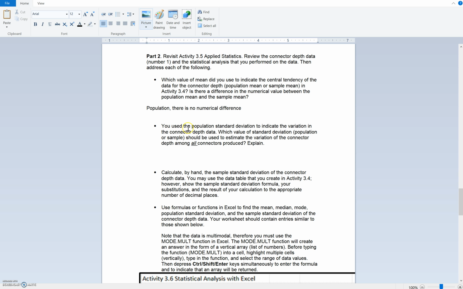And it tells us we use the population standard deviation to indicate the variation in connector depth data. Which value, population or sample, should be used to estimate the variation of the connector depth among all connectors produced?